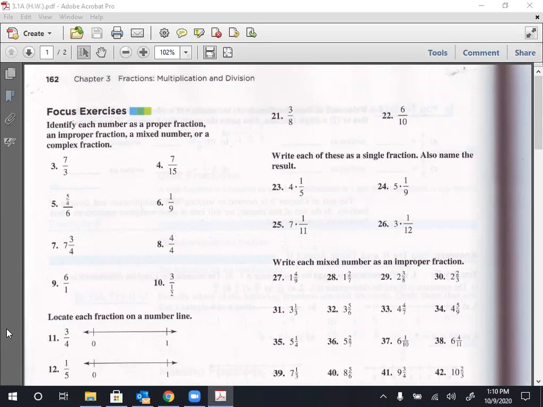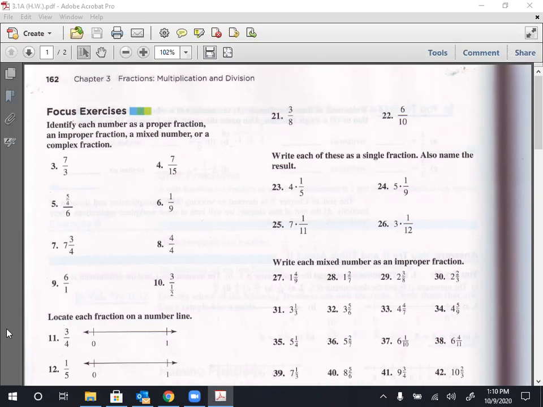So let me explain that more. What we have here is 4 times 1/5. What I'm going to do is multiply 5 times 4, and I'm going to add 1 to it. That gives me 21.